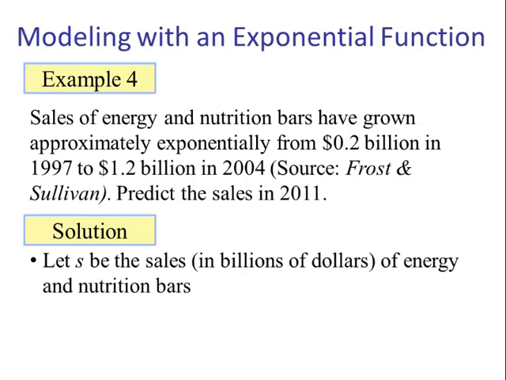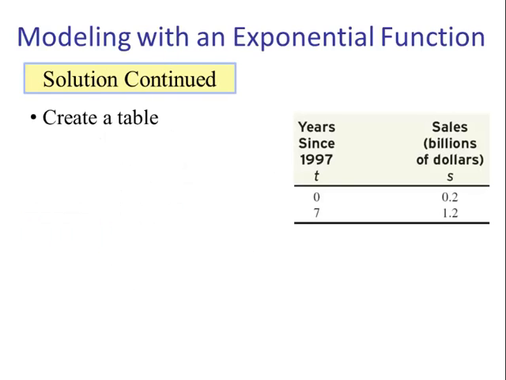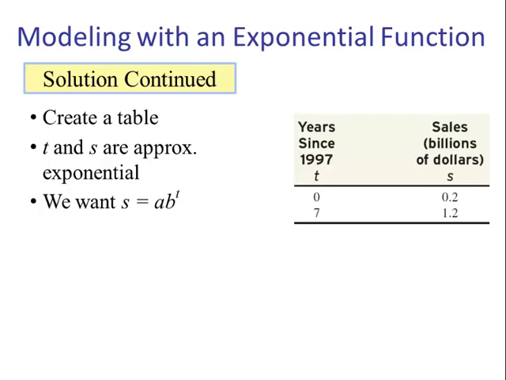Solution: let S be the sales in millions of dollars of energy and nutrition bars. Let T be the year since 1997. By making a table, when T is 0, we have 0.2. When T is 7, we have 1.2. And the problem is given that T and S are approximately exponential.